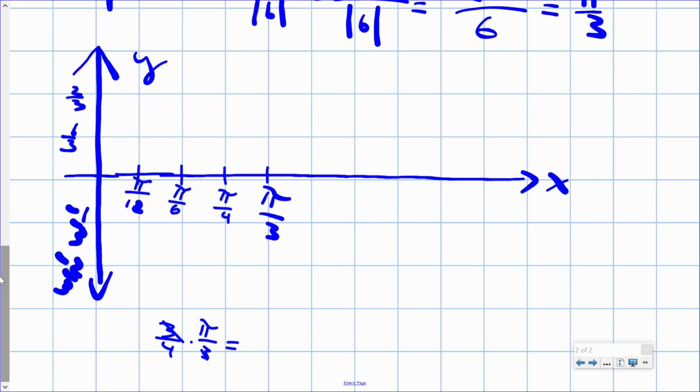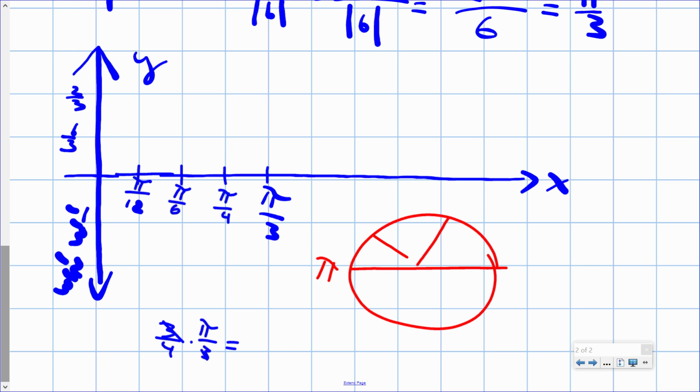Think about how many radians that is as an angle in standard position. Pi over 3? We already know half a revolution would be pi. Pi over 3 would be about right here. Chop pi into 3 pieces. So if you had an angle in standard position, once the angle gets to right here, we're already going to complete one cycle instead of a whole revolution.